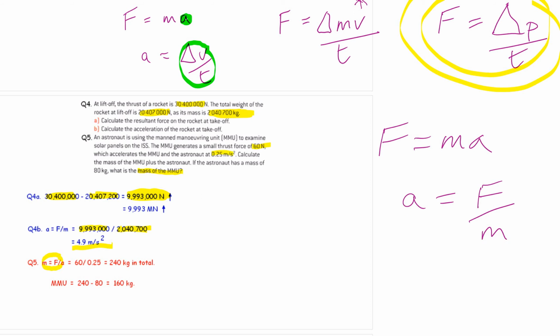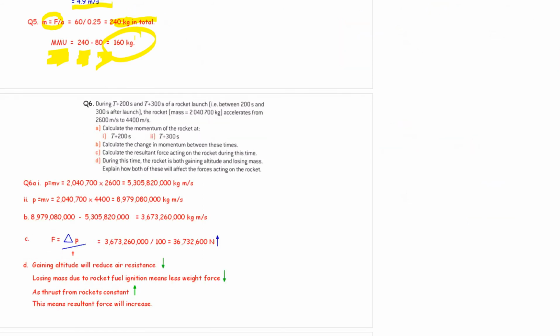That gives us the total mass of the MMU, the manned maneuvering unit. But of course, that 240 is the mass of the astronaut plus the MMU. So to work out the MMU on its own, it's the total mass, take away the mass of the astronaut, gives us 160 kilos, which is the mass of the MMU.